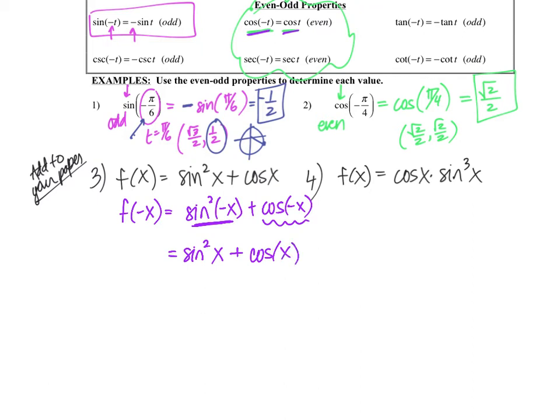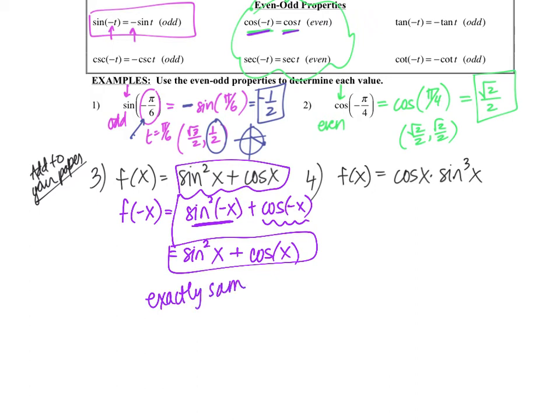It's even. So this is the simplified version, and I need to take that and compare it to the original. Is it exactly the same or exactly opposite? It's exactly the same. Therefore, this function is even.